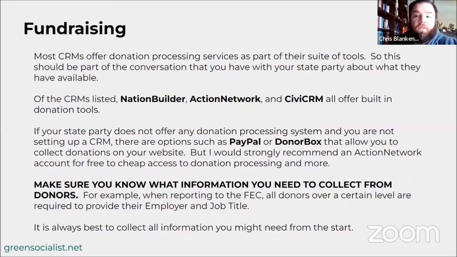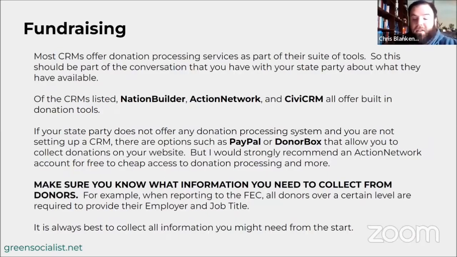For example, if you're a federal candidate and you're reporting to the Federal Election Commission, all donors over a certain level, I believe it's $200, they need to provide their employer and their job title. This is federal election law. It's a requirement of them donating.